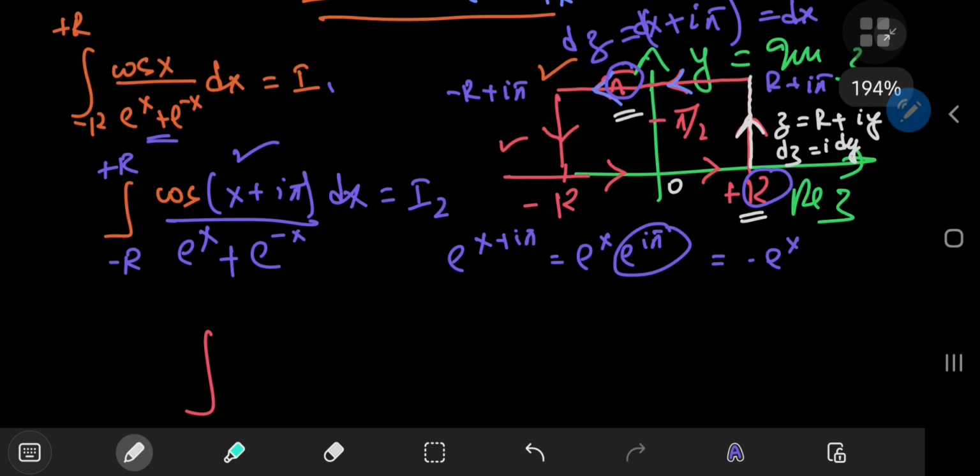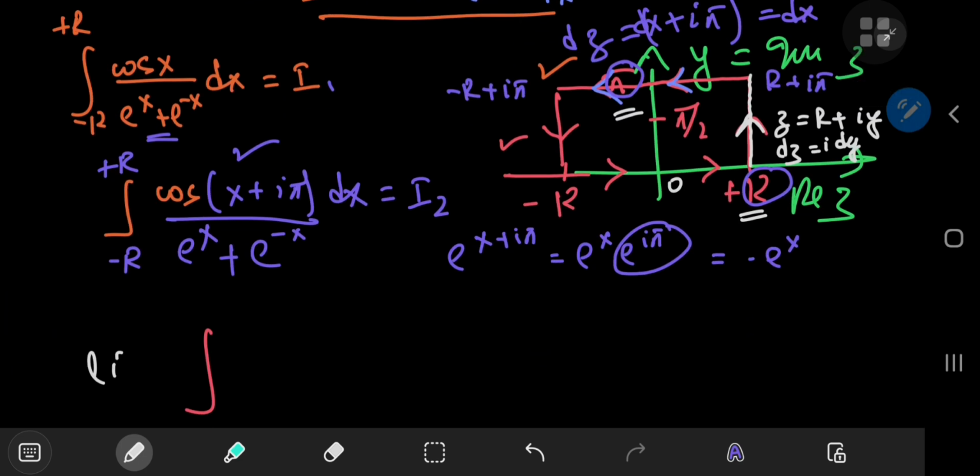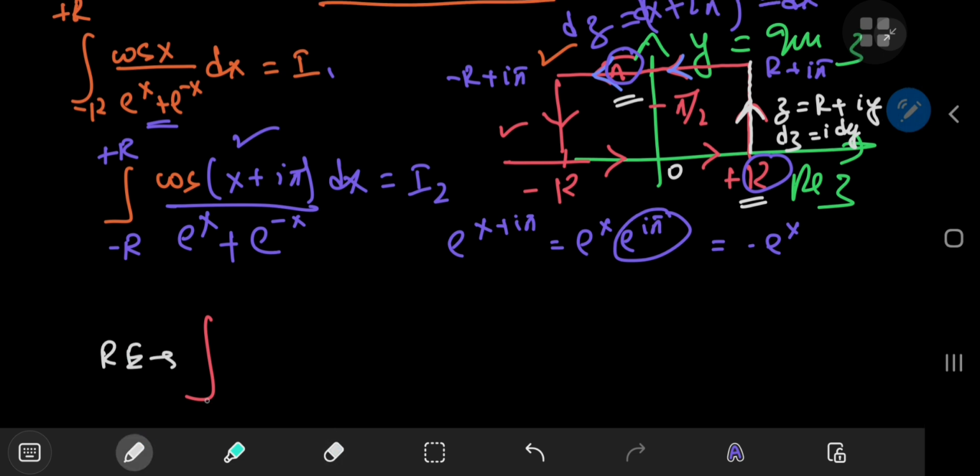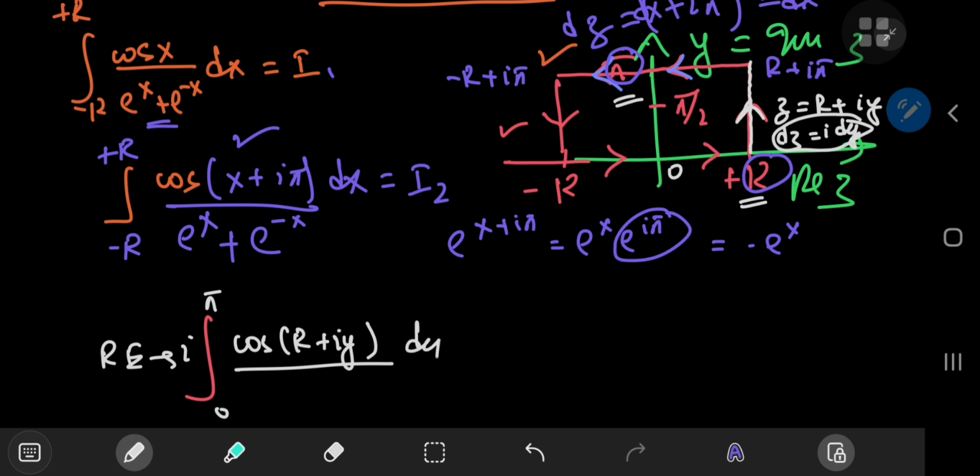Okay, cool. Let's just write this out. So the integral over the right edge is the integral from 0 to pi of the cosine of r plus i times y, divided by, because of the differential element, you have an i outside, and dy, divided by e to the r plus iy, which would be e to the r times e to the iy, which is relatively easy to work with.